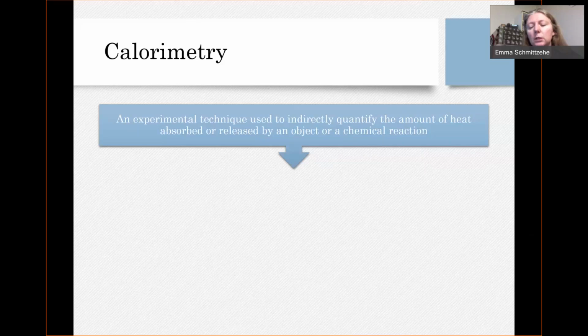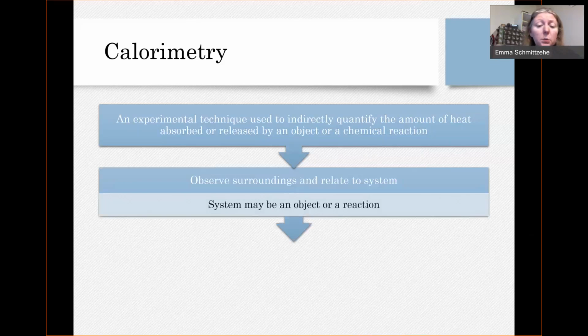And so we do this to quantify the heat associated with some object or most often a chemical reaction, actually. What we do is we observe the surroundings and then we relate that to the system, okay? For the surroundings, we monitor a temperature change because that's very easy to do.